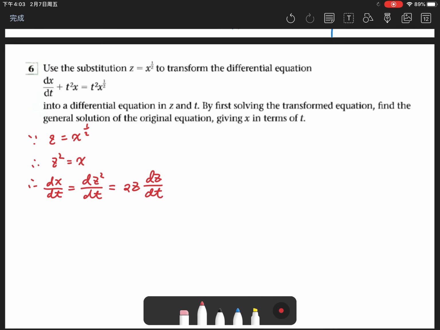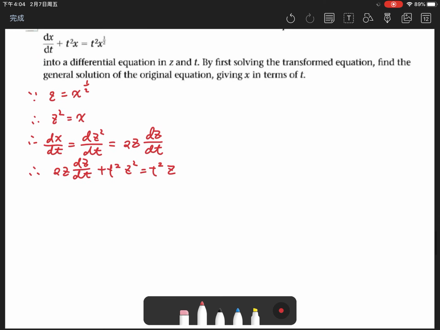Now we can do replacement, so we get 2z times dz by dt plus t square x, where x is z square, equals t square, and x to the power of 1 over 2 is z.